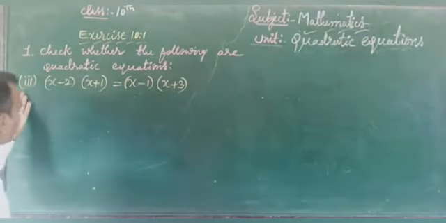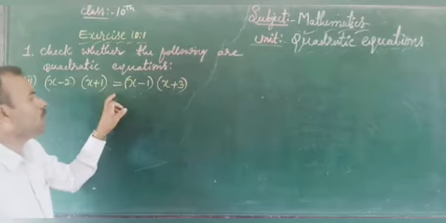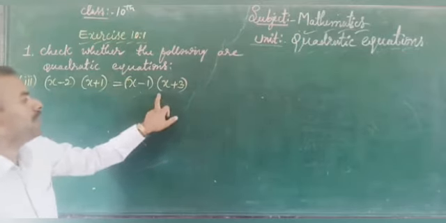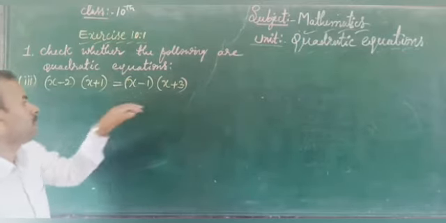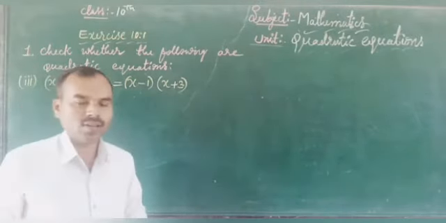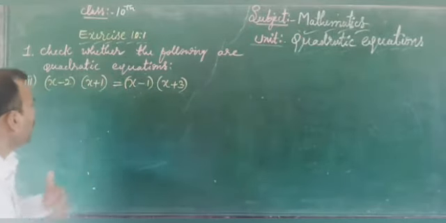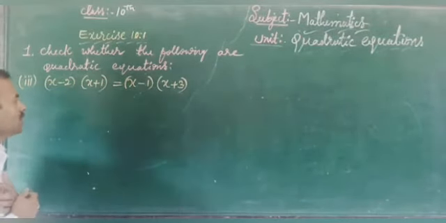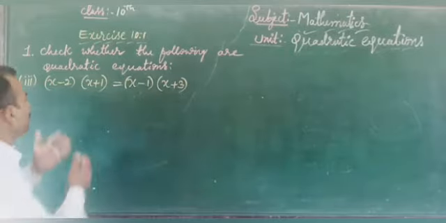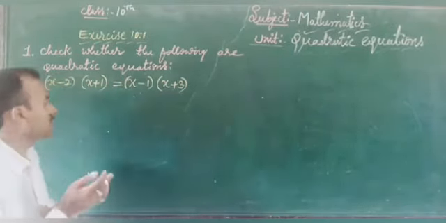Now let us take the third one. x minus 2 into x plus 1 equals x minus 1 into x plus 3. In both LHS and RHS there are binomials. The product of the binomials is given. So multiply both in the LHS and RHS.